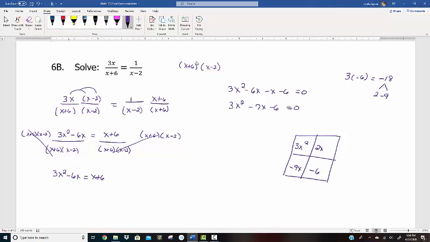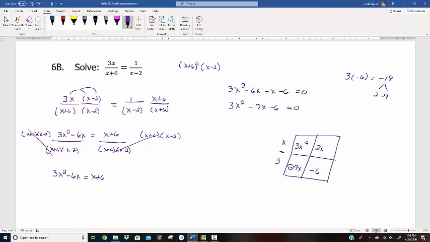Go along the rows and see what's common. Well, the only common number is 1, but I can take an x out of both of these. And down here, common number between a 9 and a 6 would be a 3. And because this is negative, it'll be a negative between.